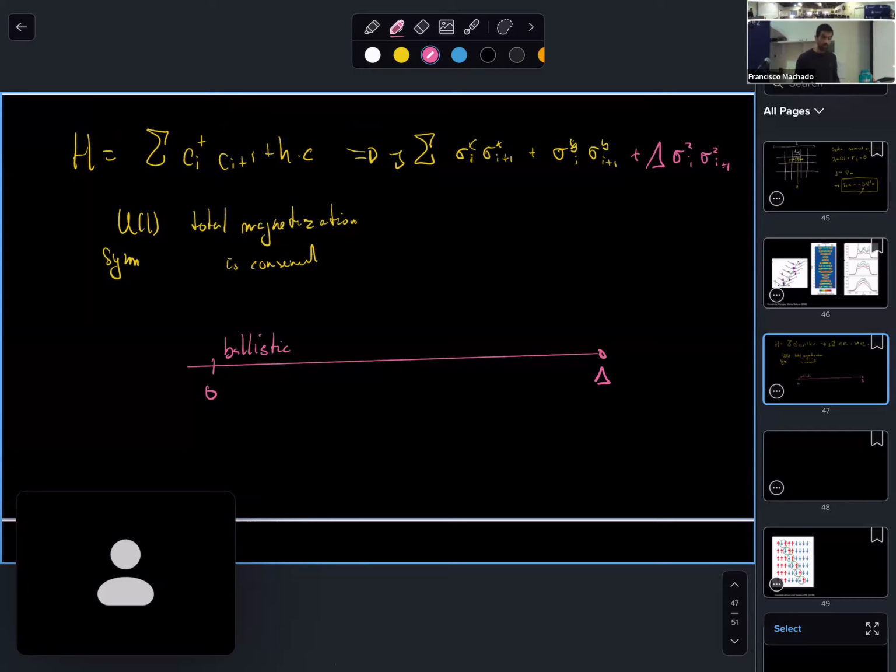However, if you look at very large delta, now your model still has local integrals of motion, but it's no longer these free fermions that carry magnetization. The excitations you should think are effectively domain walls. Delta is going to be very big, so that's going to set your preferred basis.